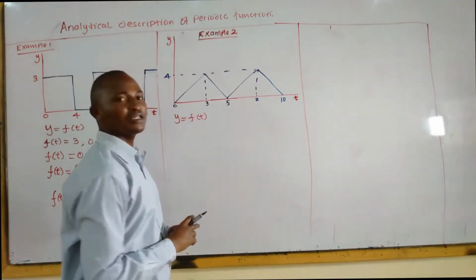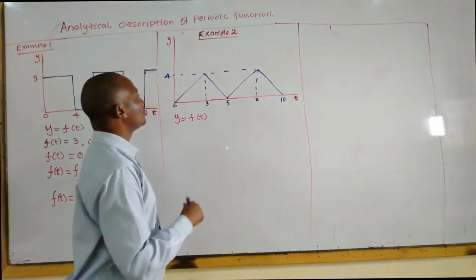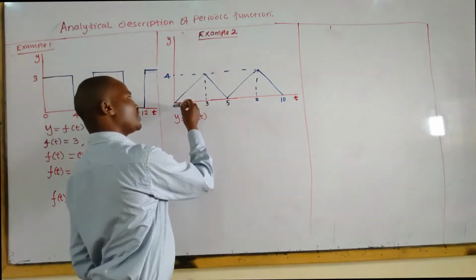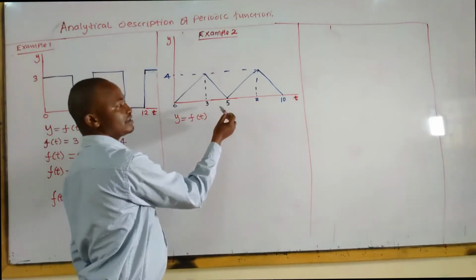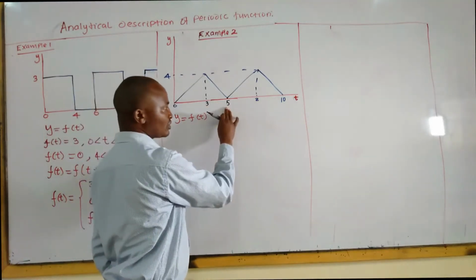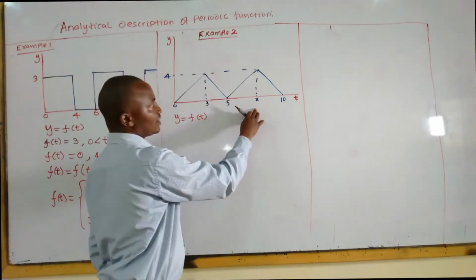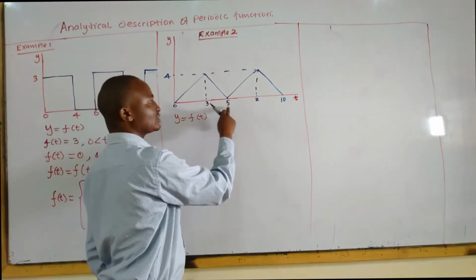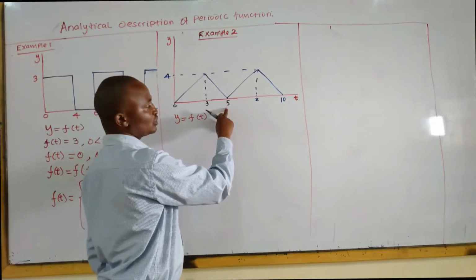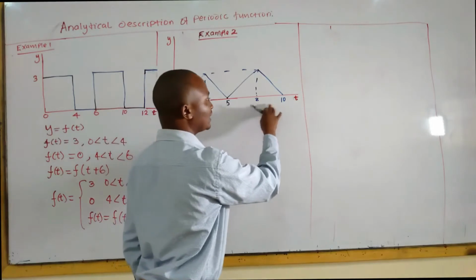If you look at this function, between t is equal to 0 and 3 is similar to t is equal to 5 and 8. And between t is equal to 3 and t is equal to 5, it is similar to t is equal to 8 and t is equal to 10.